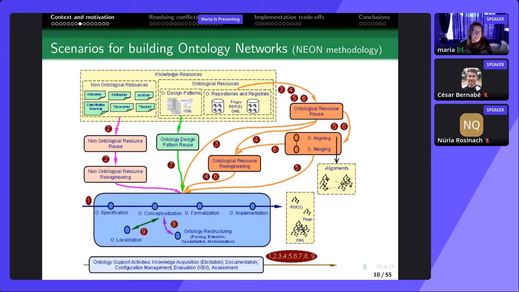Conflicts can actually emerge when you're trying to do that, so we'll get into that later in the presentation. Likewise, there are non-ontological resources that you have to re-engineer a little bit so that you can get that material or a subset of that material in your ontology to populate your ontology. So that is on that component of the actual ontology development.